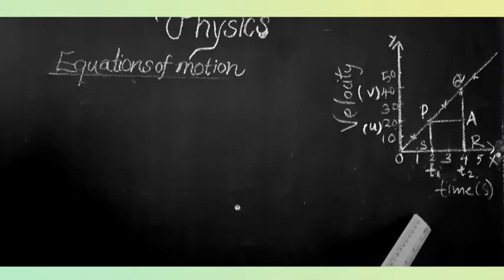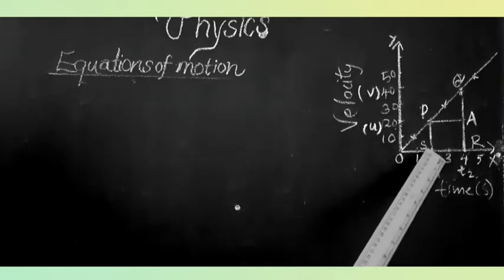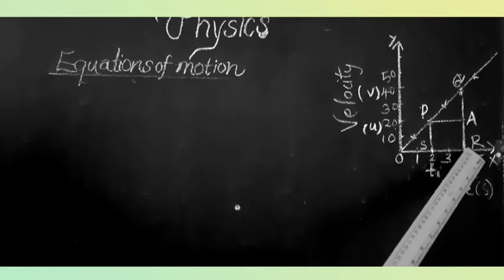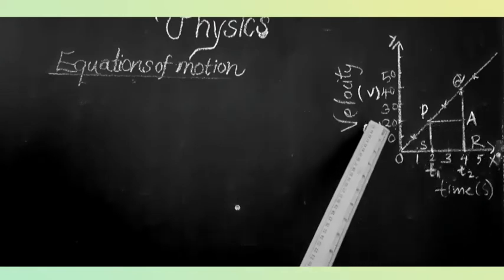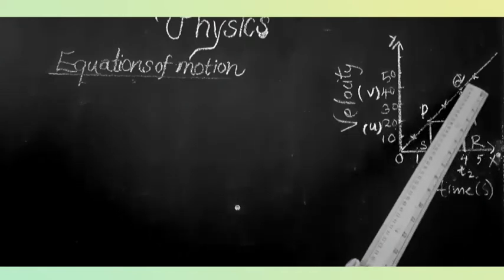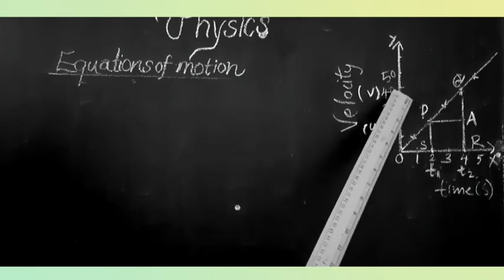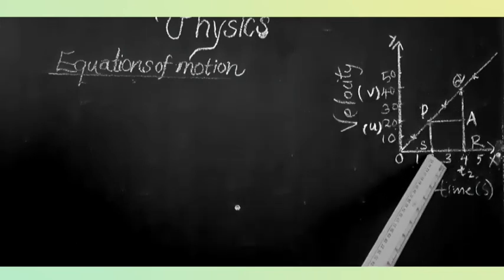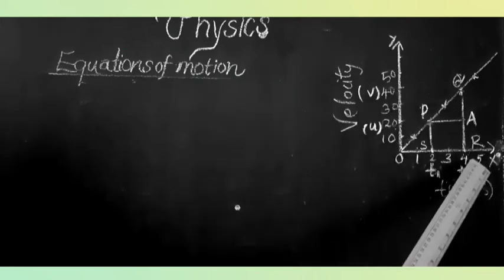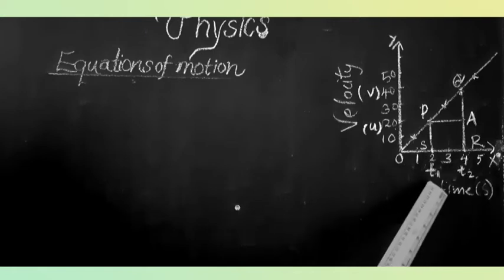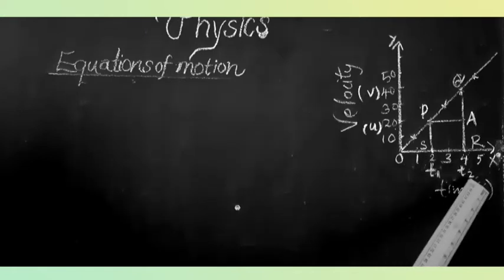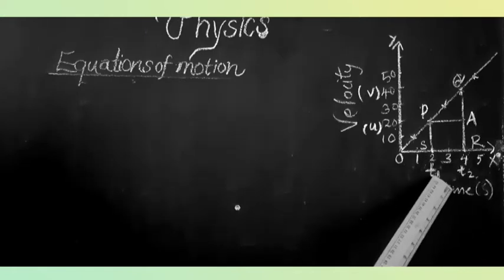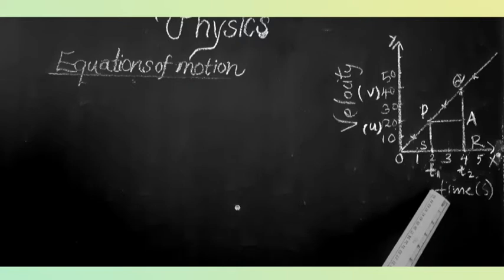In this graph, PS is equal to AR, which is equal to u. QR is equal to v. Now let us see what SR is. SR is the time interval, that is t2 minus t1, which is taken as t.